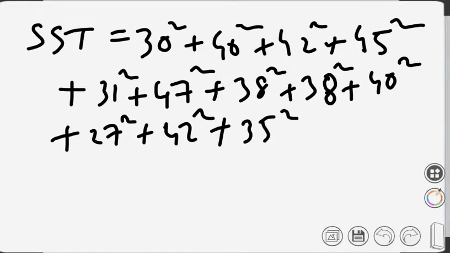Done, twelve values. Minus CF. How much is CF? 17252.08.